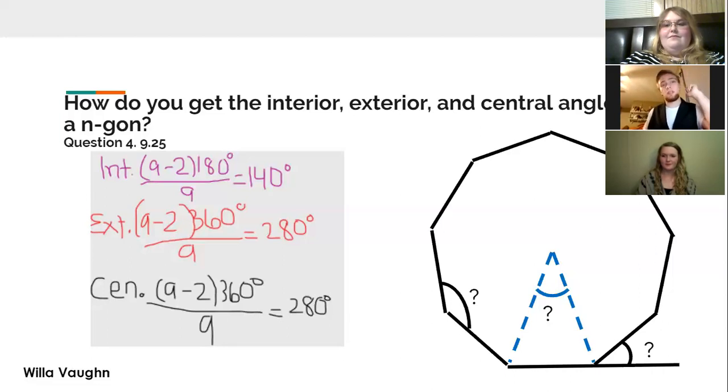So specifically going over the specific questions so that our students understand, we use these formulas to find the interior, exterior, and central angles of the n-gon, but we haven't actually explained what an n-gon is. So in this case, an n-gon is a shape with n amount of sides. So a currently indeterminate amount of sides.